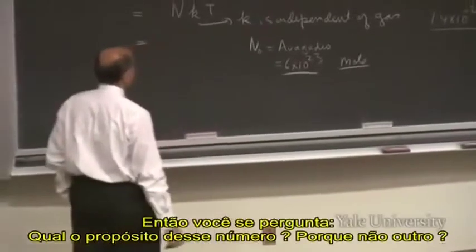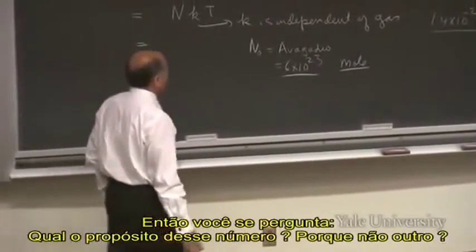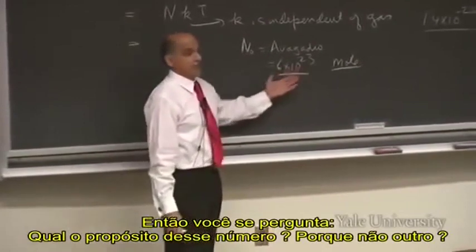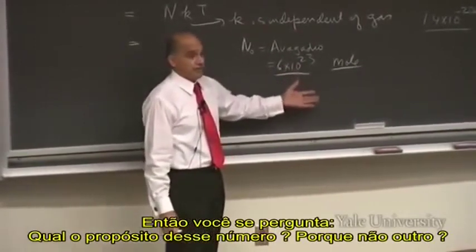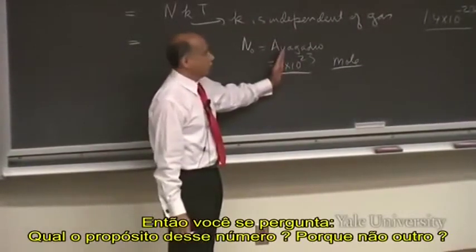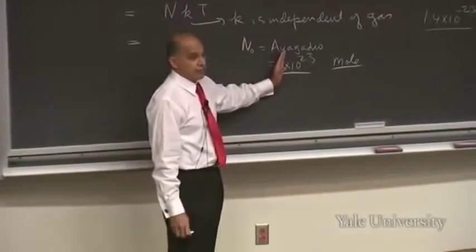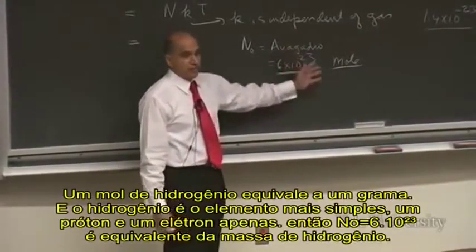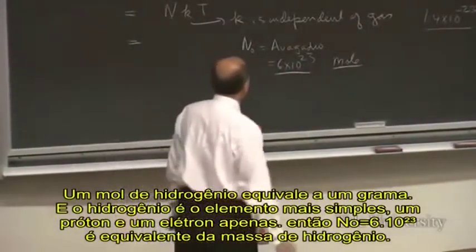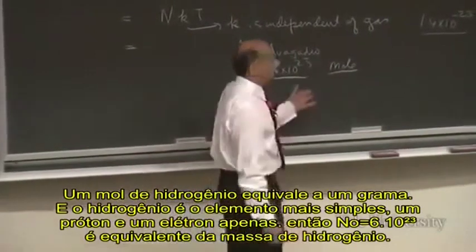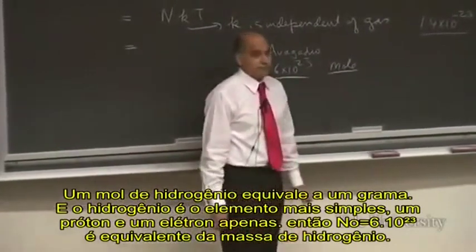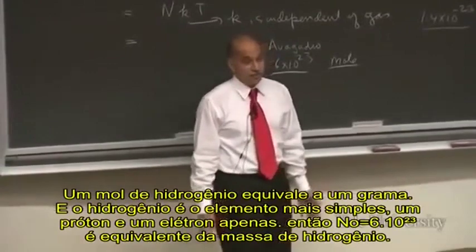So you can ask yourself, what's so great about this number? Why would someone think of this particular number? Why not some other number? Why not 10 to the 24? Do you know what's special about this number? A mole is such that 1 mole of hydrogen weighs 1 gram. And hydrogen is the simplest element.